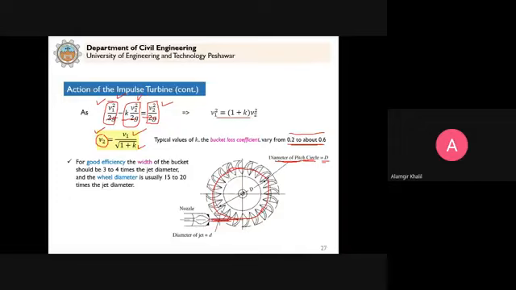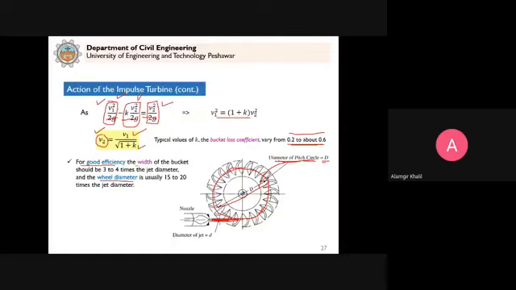If you draw a circle tangent to the jet of water, the diameter of that circle is known as the pitch diameter or diameter of the pitch circle or the wheel diameter. So in the problem, when we talk about the diameter of runner, it will be this diameter, that is the diameter of the pitch circle. What is the pitch circle? To which the jet of water is tangent.